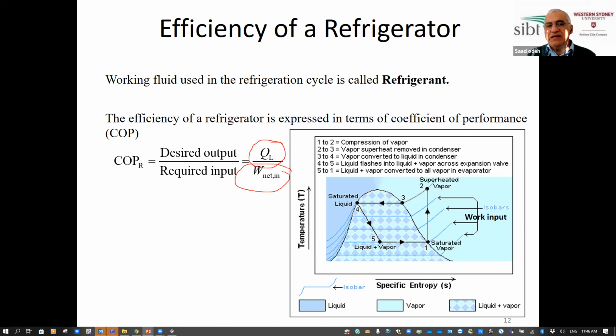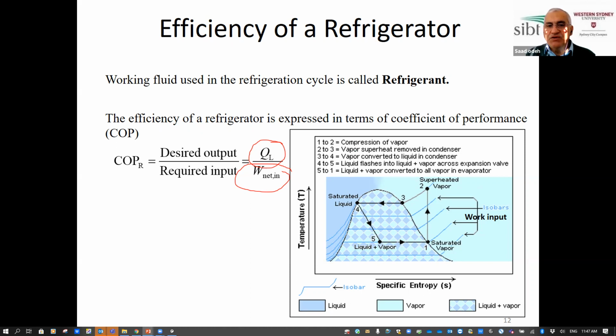And therefore you will find that the efficiency of refrigerators or air conditioning systems is different from the thermal efficiency of engines. It's higher, and because it's higher, they don't call it efficiency anymore.